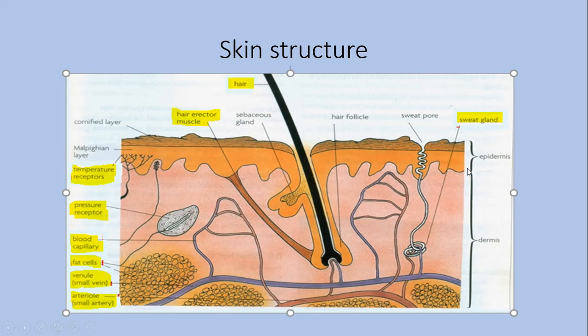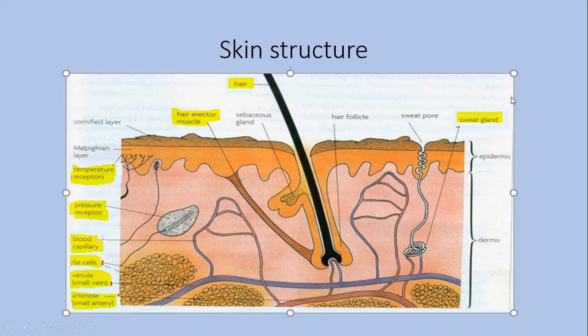Here, beneath the epidermis, in the dermis, we have fat cells or adipose tissue, a deposition of fat cells. So these highlighted structures should be identified on the skin organ.